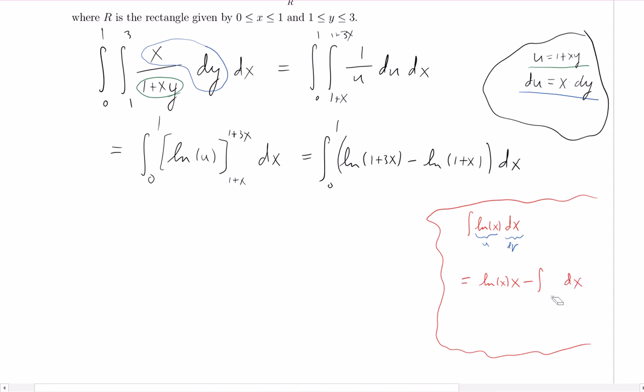But x over x is just 1. And the integral of 1 is, of course, just x, and if we factor this out, it's x times log x minus 1. So that's the antiderivative of log x, is x times (log x minus 1).